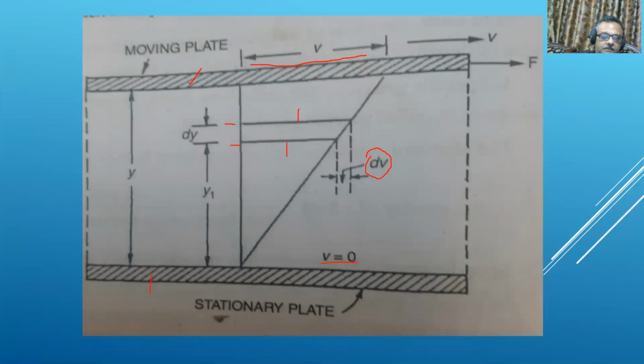So this is the distance y1 of the lower layer of the fluid from the stationary plate, and this is the distance dy from the lower layer to the upper layer.